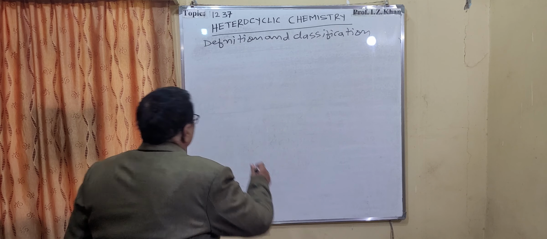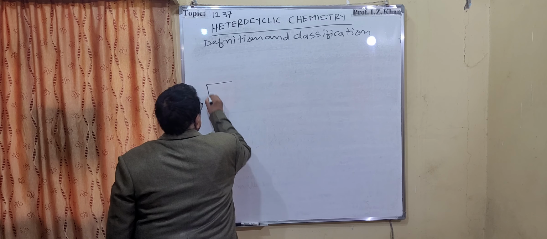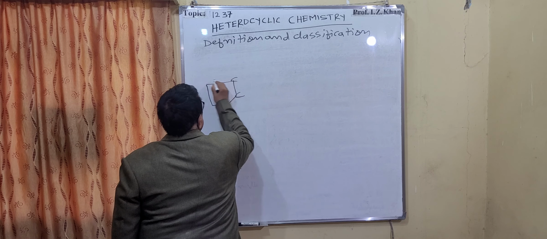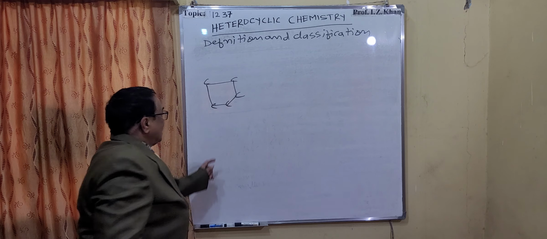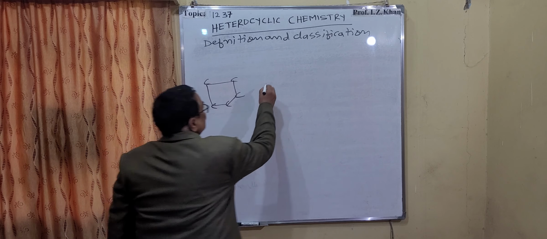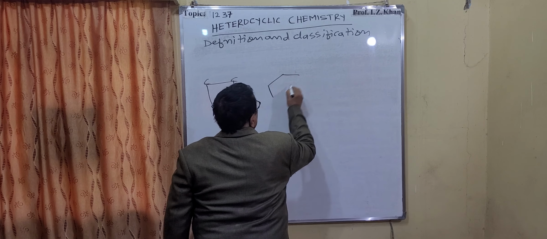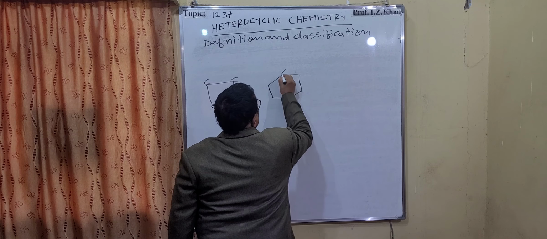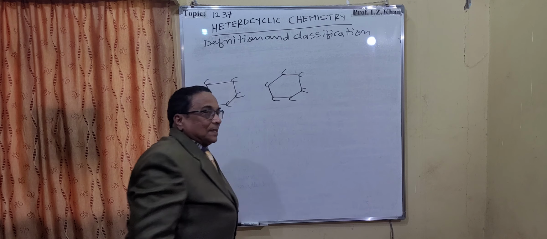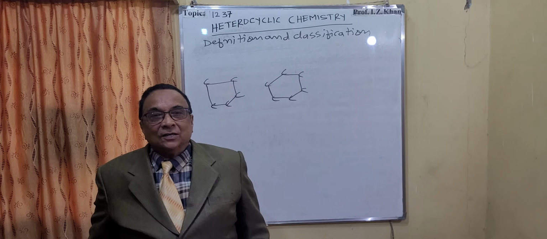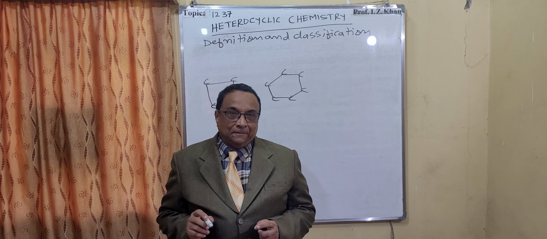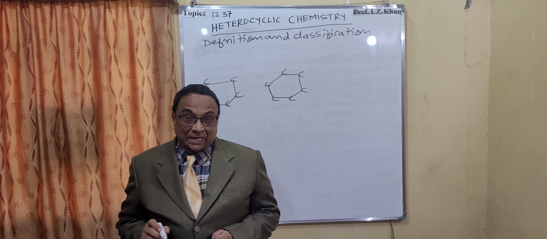For example, a 5-member ring like this is made up of the same atom, carbon. If it is a 6-member ring like this, then it is all made up of only the same type of atom, that is carbon. If such a ring is there, it is known as carbocyclic.